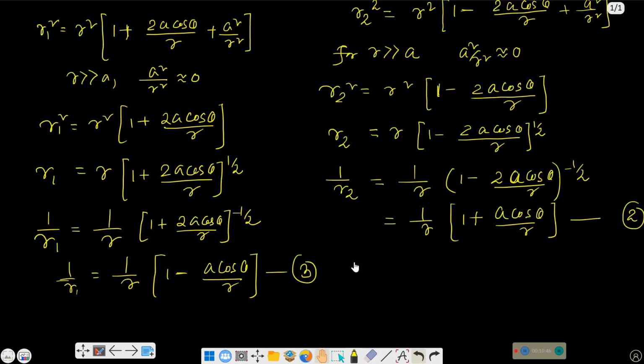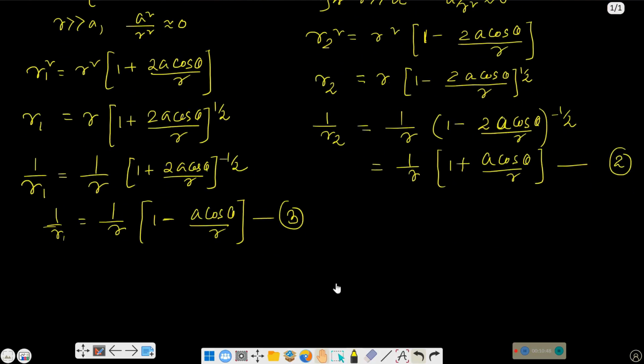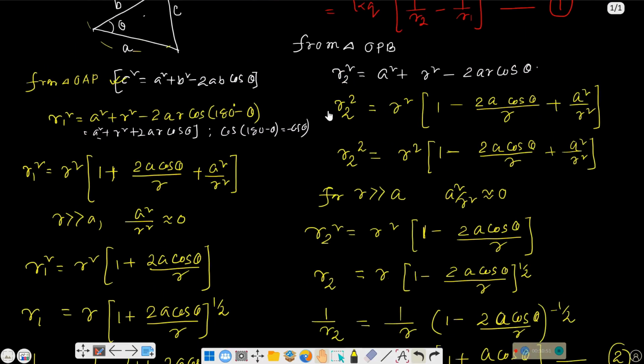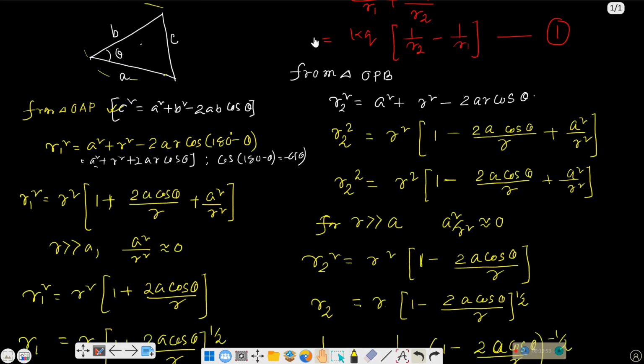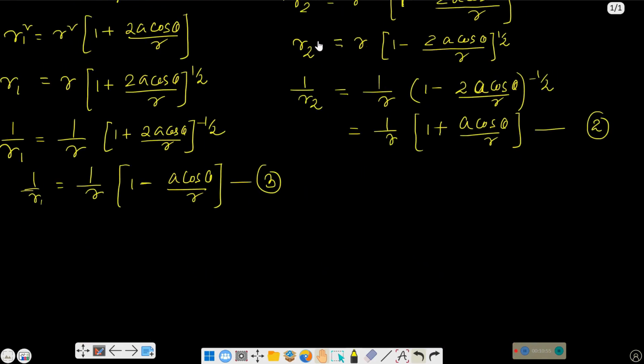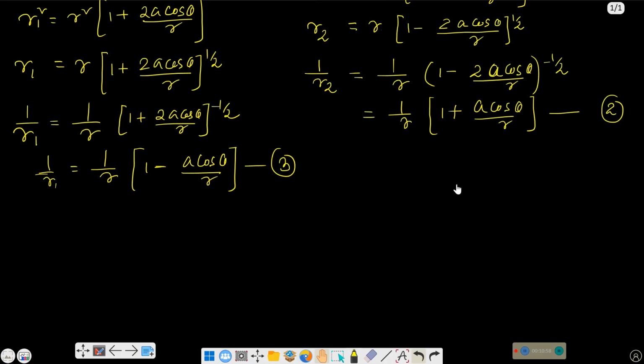Okay, now if we put equation number 2 and equation number 3 in equation number 1, kq times 1 by r2 minus 1 by r1. We have both the values 1 by r1 and 1 by r2, so we will put these values in equation number 1. Equation number 1 was Vp is equal to kq taking common, 1 by r2 minus 1 by r1.